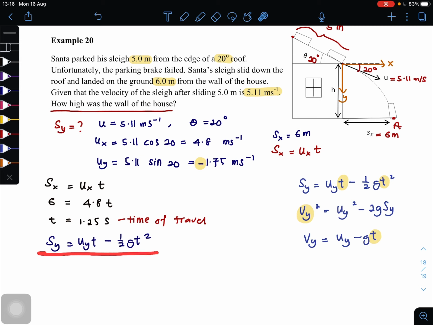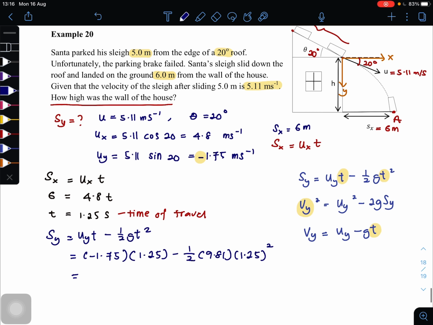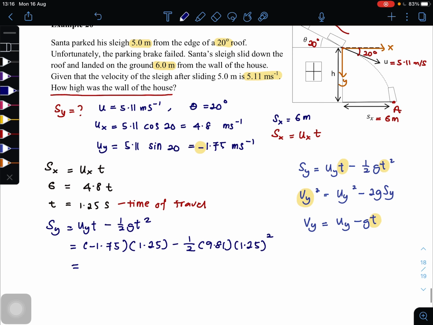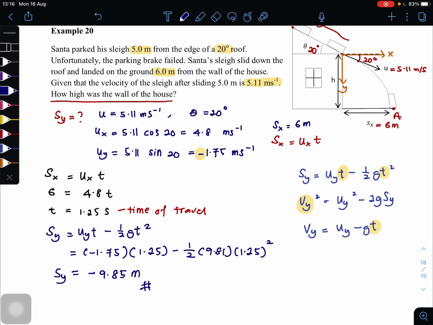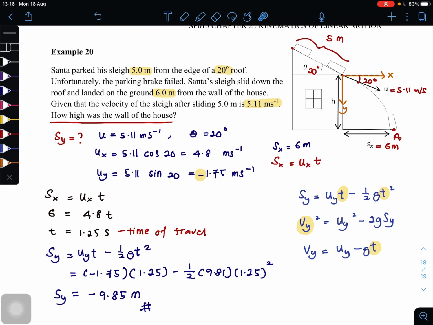So UY earlier was negative, and the value for t is 1.25, minus half g t squared. Okay, don't forget the square. So you get SY equal to negative 9.85 meters. Okay, you should be able to get negative because the sleigh is going downwards, so the displacement here must be negative.